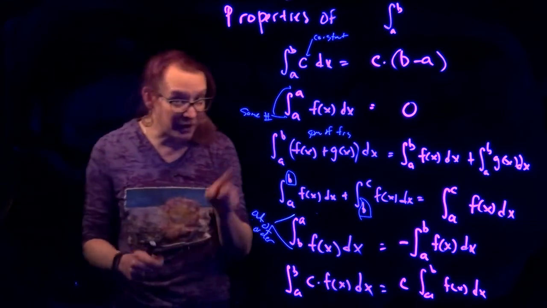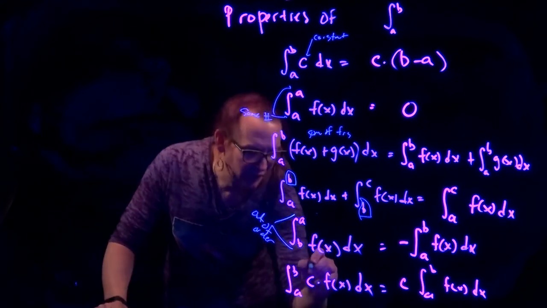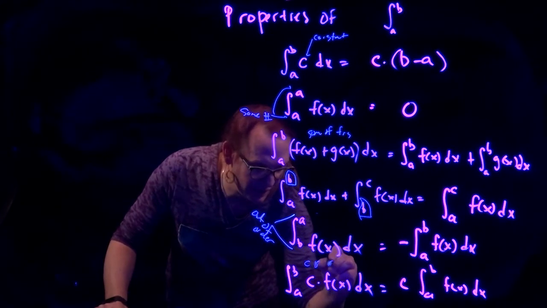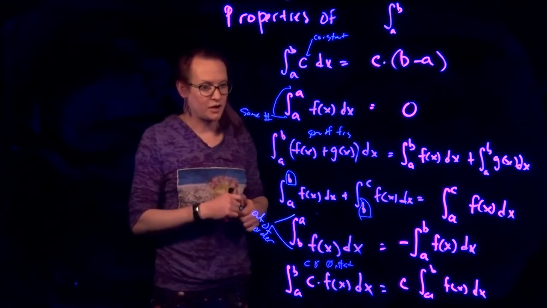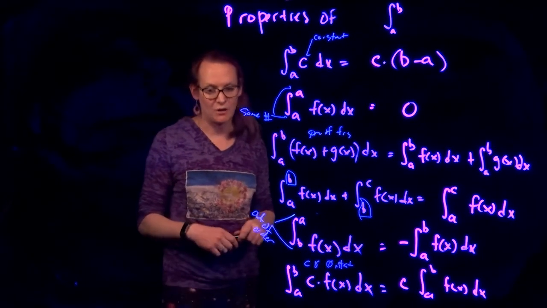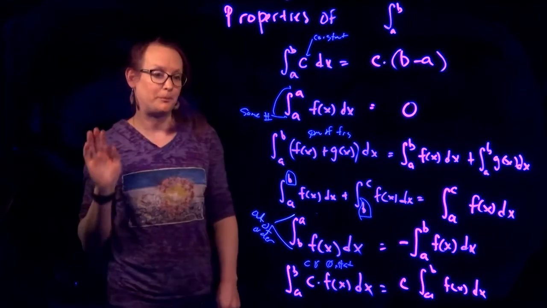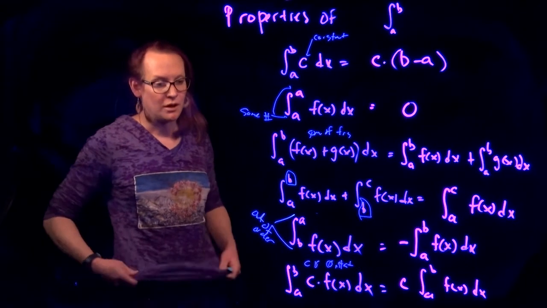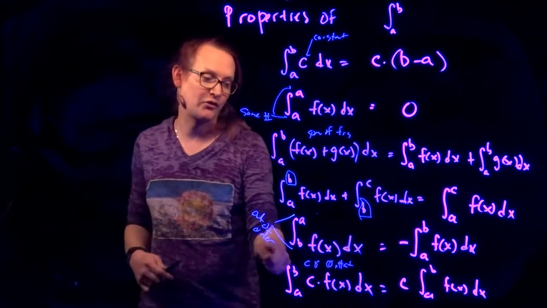So this super only works if this c is constant. It does not work if c is not a constant. You can't just pull an x out of an integral. That doesn't work. But you can pull 5 out, or you can pull pi out, or you can pull any other thing that you know happens to be constant, you can pull outside of the integral.